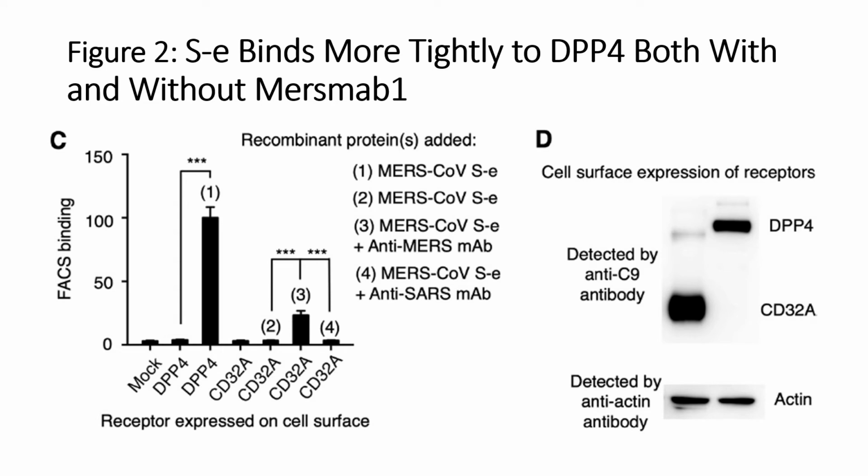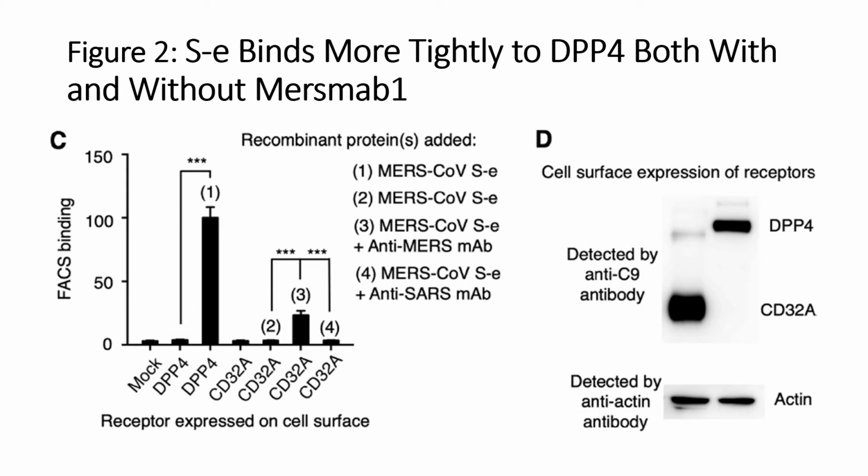Okay, so then in 2C, instead of using ELISA, they used flow cytometry. And here they're detecting the natural binding between the ectodomain and the DPP4 receptor, and between the ectodomain and the anti-MERS monoclonal antibody, or the ectodomain and the anti-SARS monoclonal antibody, all three of those with CD32A.